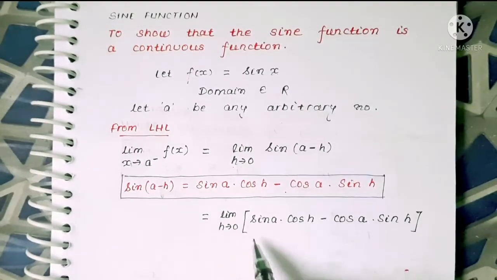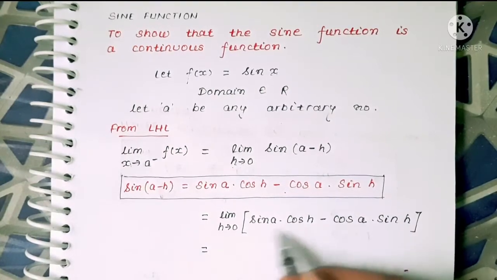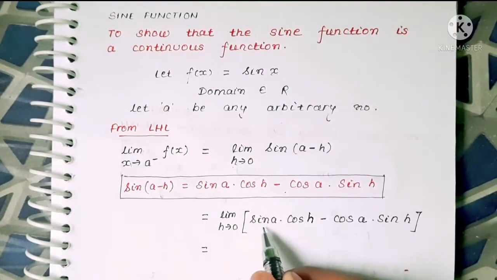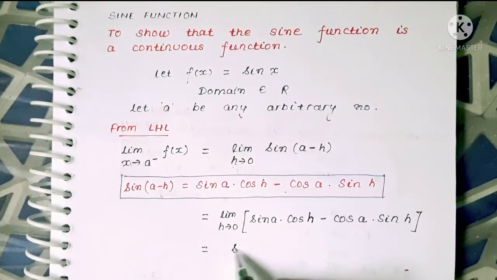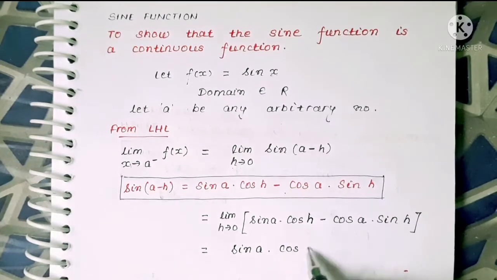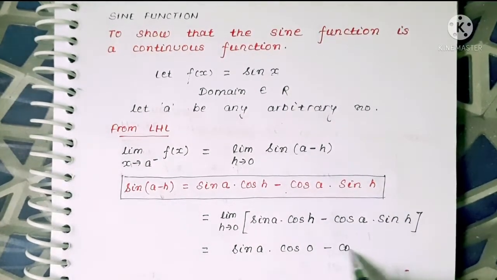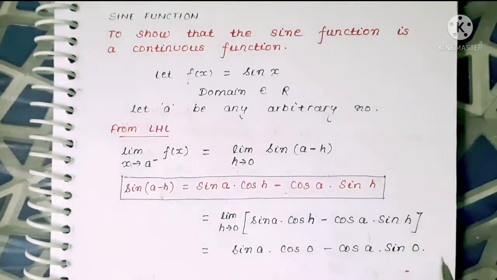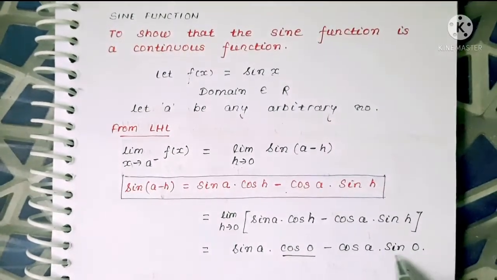Now if we put h tends to 0 in this function, then what we will get? Sin a into cos 0 minus cos a into sin 0.